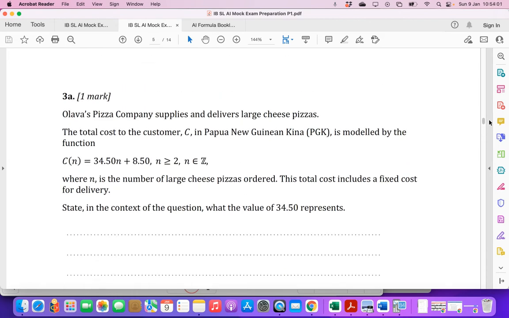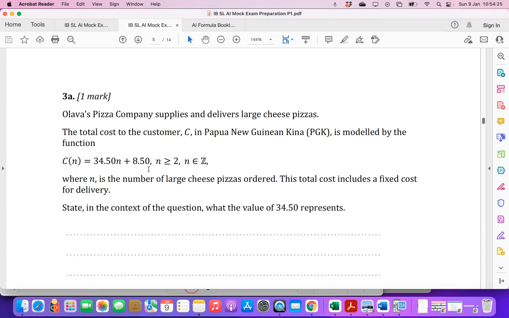There's the formula: 34.50n plus 850. Okay, state in the context of the question what 34.50 means. Well, 34.50 is the rate. So the rate is basically how much each pizza costs.